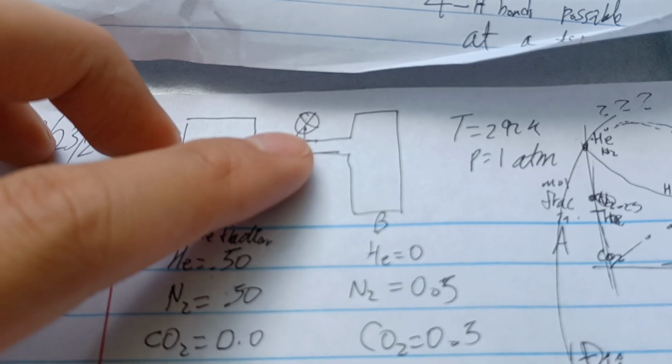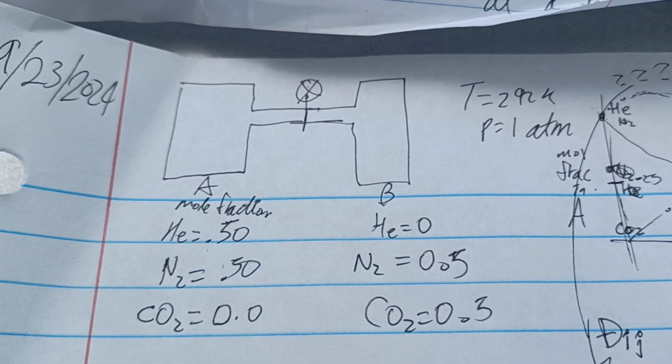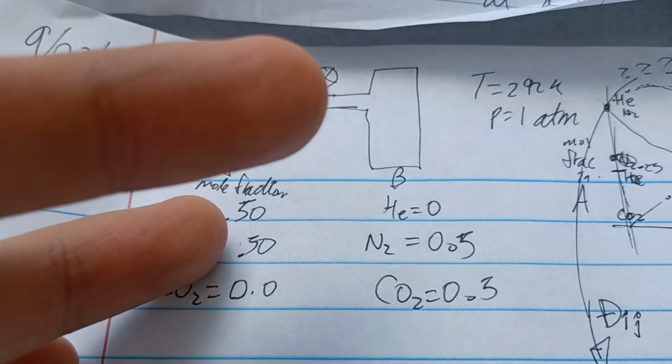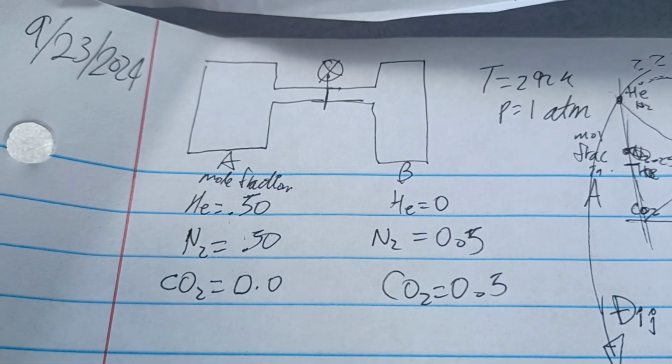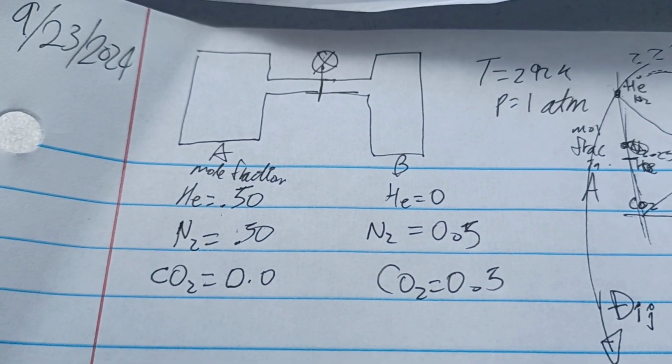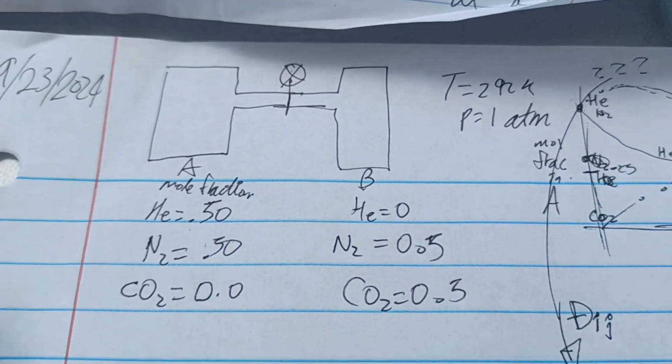So we can imagine when we open the valve, helium will go to 0.25 on both sides, CO2 to 0.25 on both sides, and nitrogen will just stay 50% on both sides.